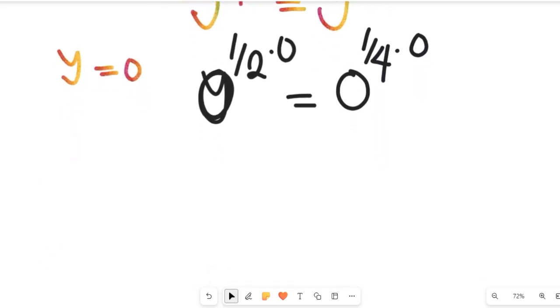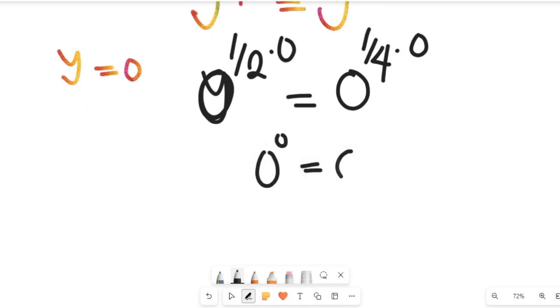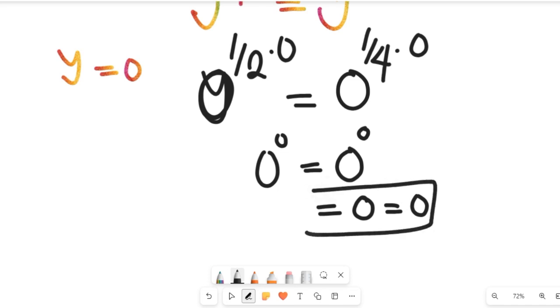And what would that give us? 0 to the power of 0 is equal to 0. So that means that solution, y equal to 0, satisfies the exponential equation.